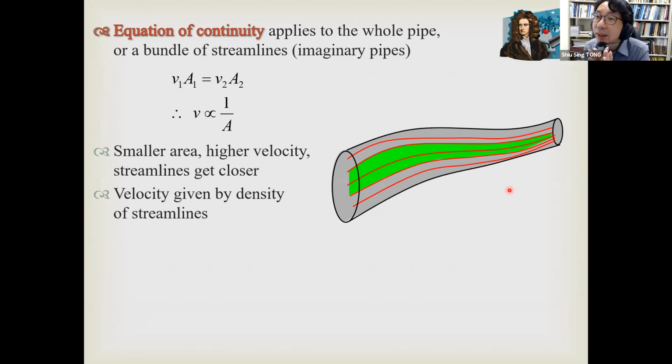Is that right? And when the field lines diverge, as you go further away from the object, the field line density becomes lower, and that means the gravitational field strength is smaller. Now the same thing with the velocity. When the streamlines get close, you have a high velocity. When the streamlines get farther apart, you have a low velocity. Okay.